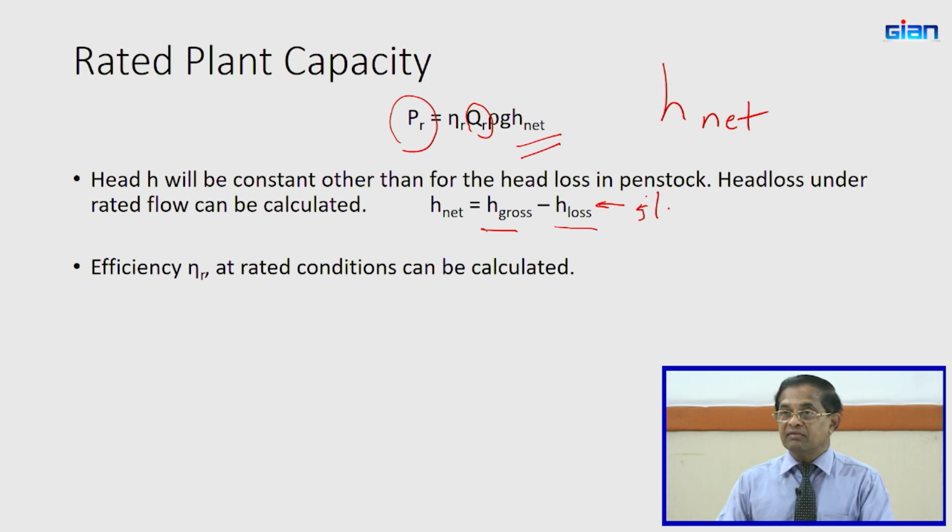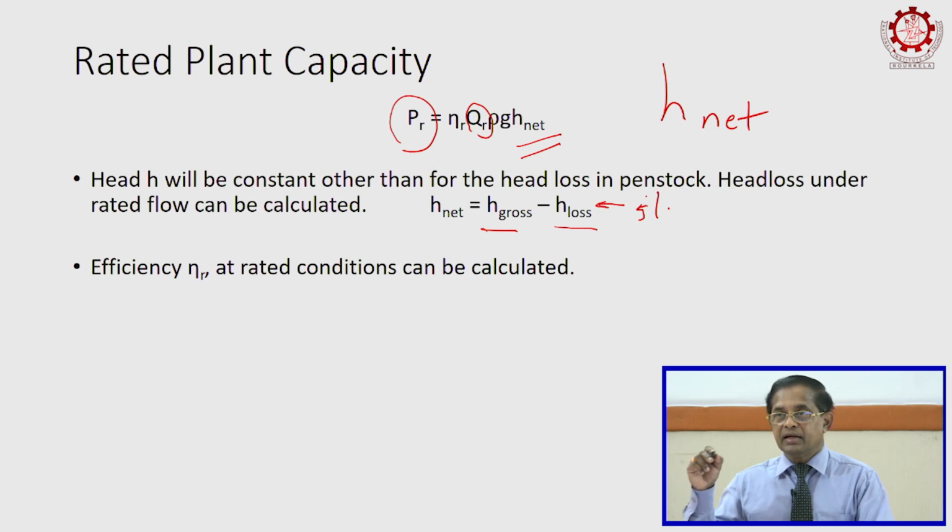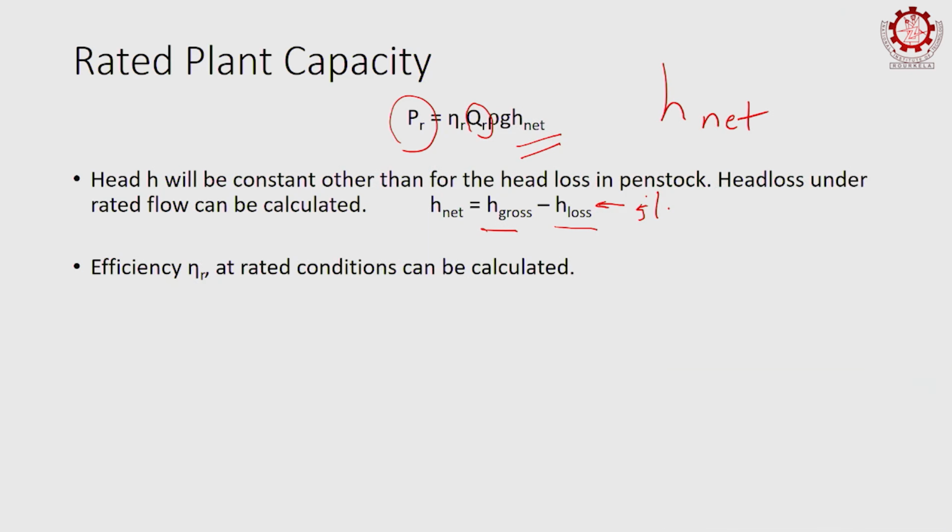Gross head is the one that you can decide from the physical surveying or by looking at the contour lines. Theoretically, looking at the 1 to 50,000 maps, you can say at the weir location the contour height is 800 meters, and at the powerhouse the contour height is 700 meters. Therefore, the gross head is 100 meters, from which you have to deduct the head losses to get the net head.